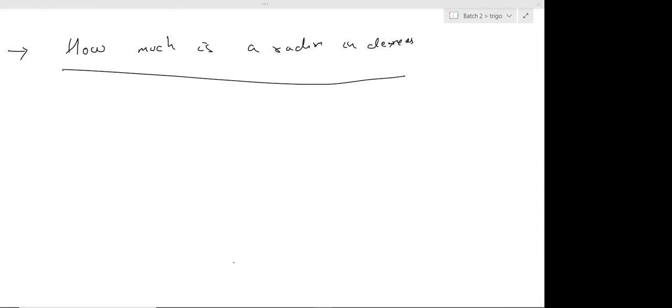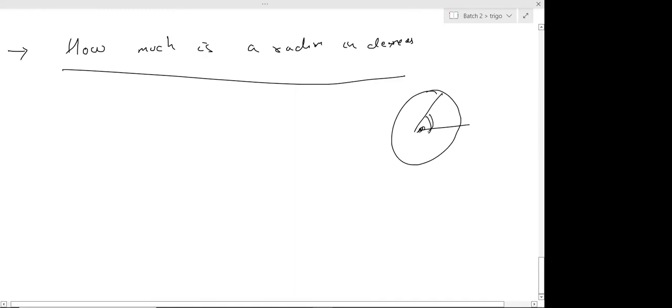We know that in a circle, the angle measured at the center is directly proportional to the length of the arc. If the length of the arc is small, the angle will be small. If the length of the arc is more, that angle will be more. This relation we already know.